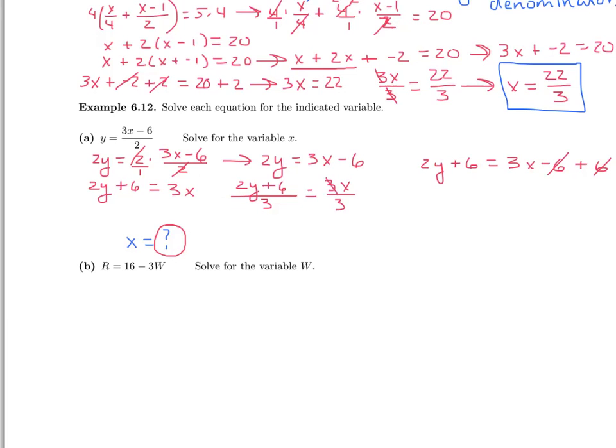Notice there's a common factor of 3 that can be canceled, and the result is we have x all by itself on one side, and we have (2y plus 6) over 3 on the other side. And this is our resulting equation.